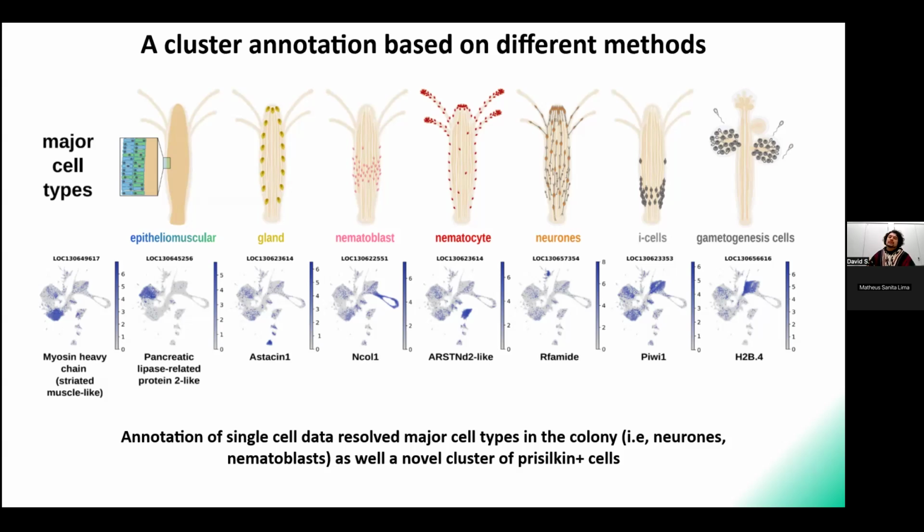So as I mentioned, the neurons and the nematoblasts, and it also helped us to annotate novel cell types like, and I'm going to talk a little bit later about, the pre-silkin positive cells.